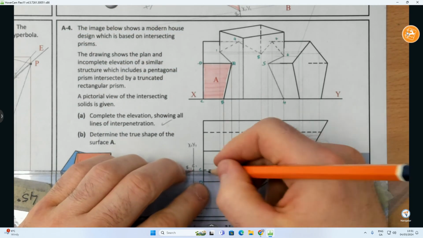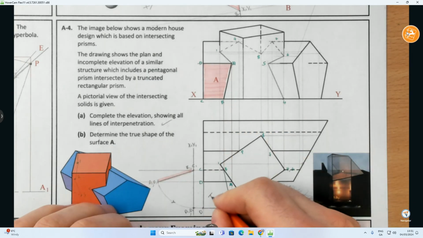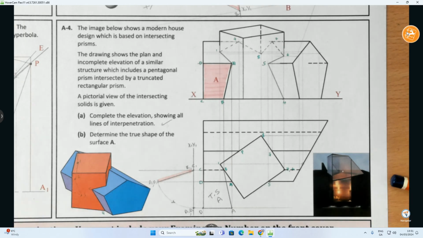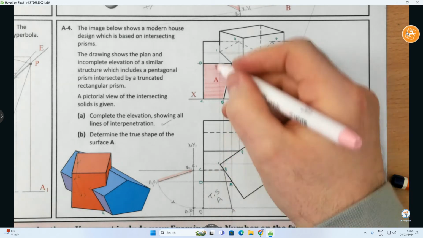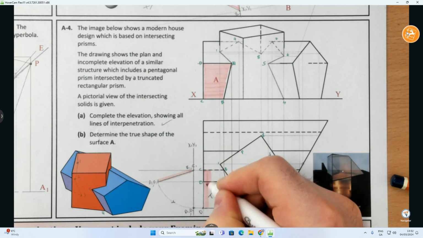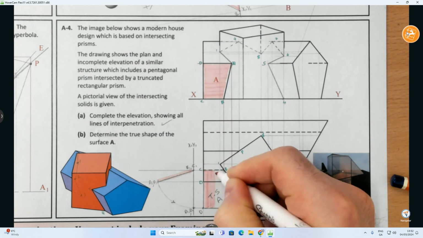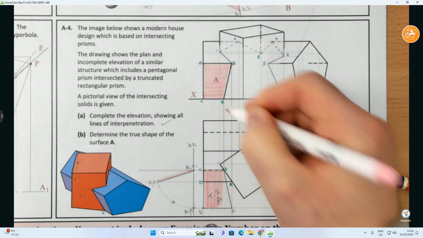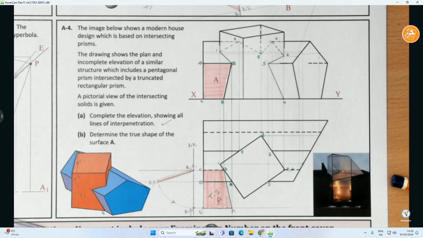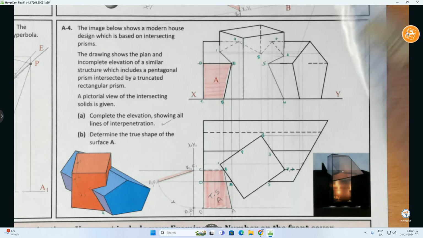That is our true shape of surface A. There's a slight difference in regards to the size of it. All I've done is fold it down onto the ground. It might look very similar to this one, but there will be a slight discrepancy.